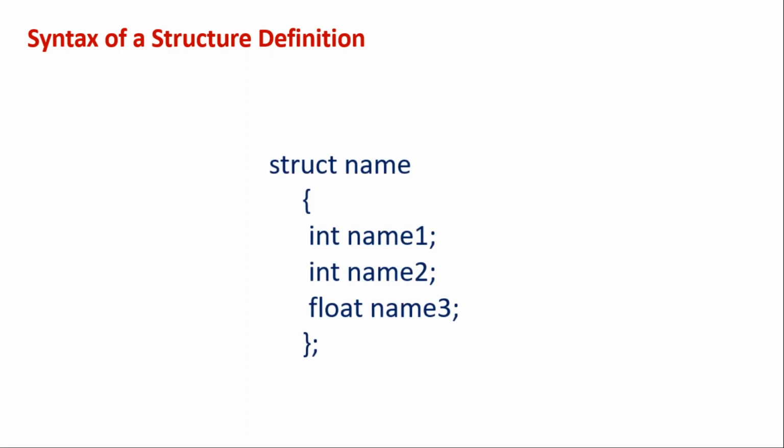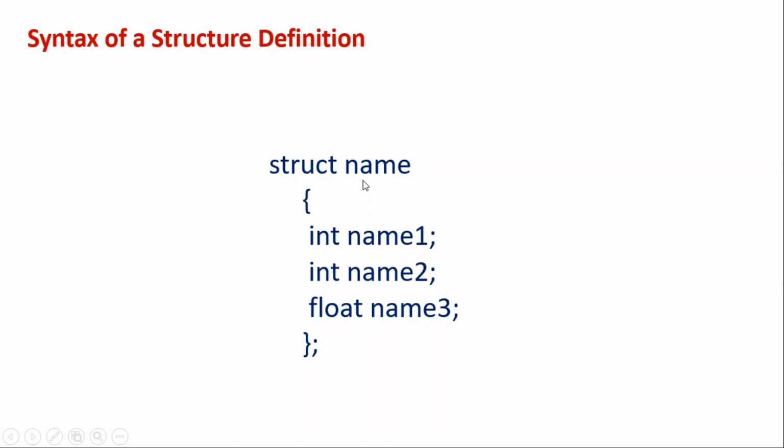Now we'll see how a structure is defined, or what is the syntax of a structure definition. So first thing is we are going to define a structure. This is an example of a structure definition. Here I've written struct, the name, then I opened the curly braces, and in that several variables are there, several data are there.